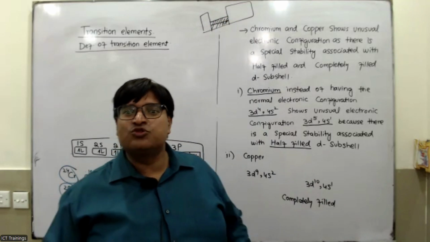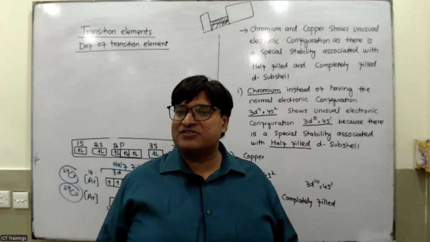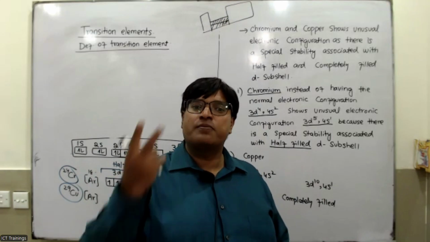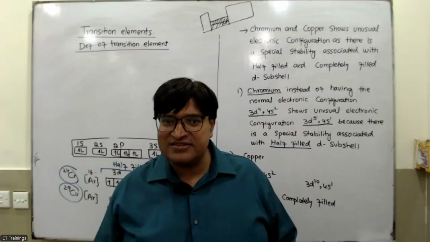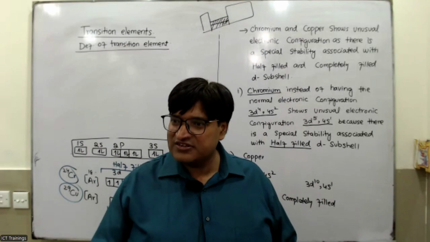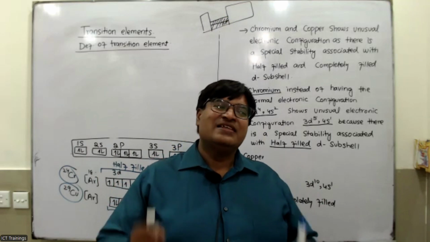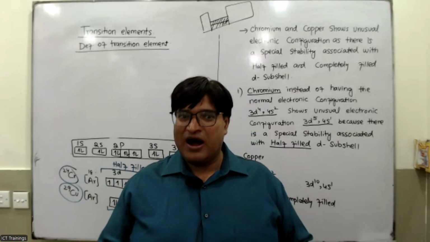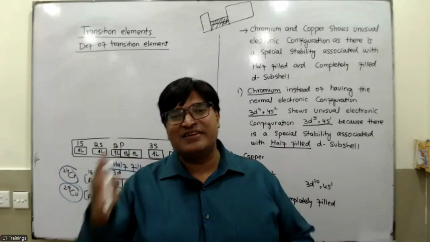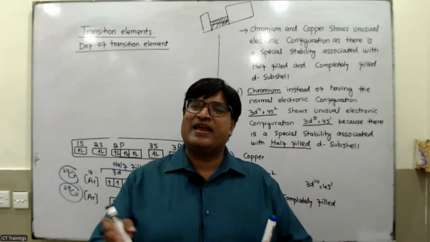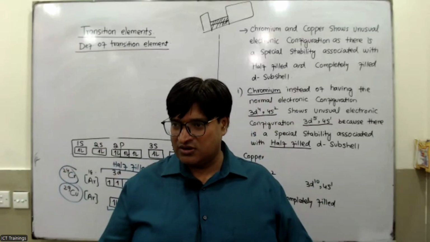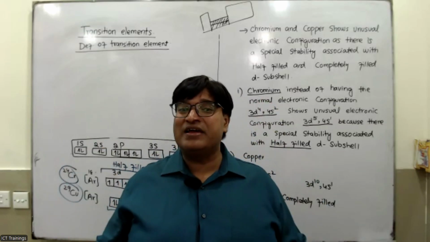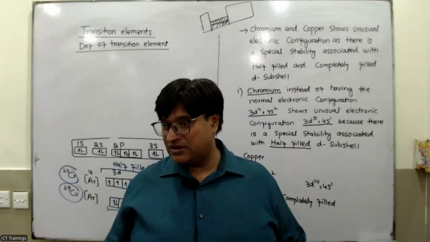Okay, only those d block elements which can form two or more than two stable ions, the first thing. And second thing, they have a partially filled d subshell. Partially filled d subshell means that the d subshell should contain at least one electron, but it should never be complete and never be empty.